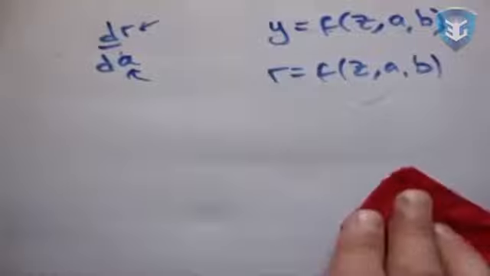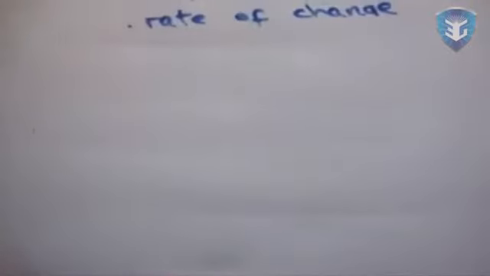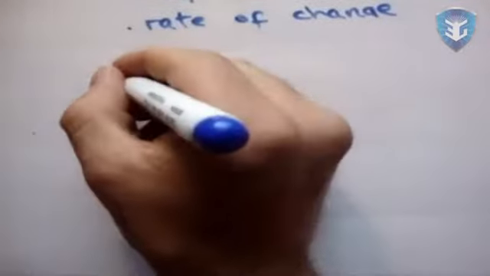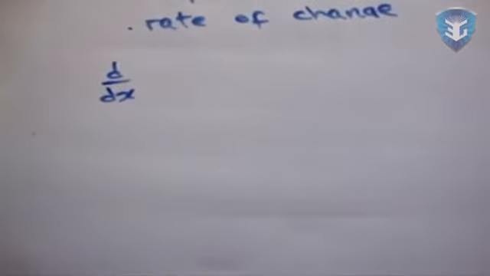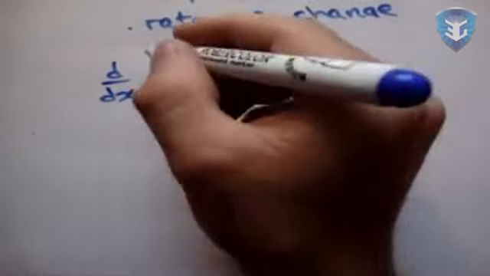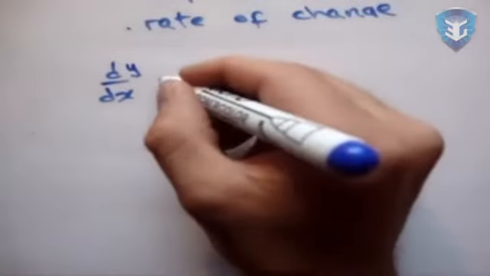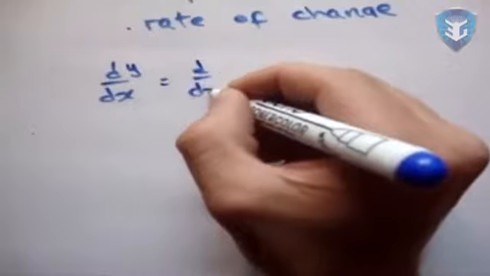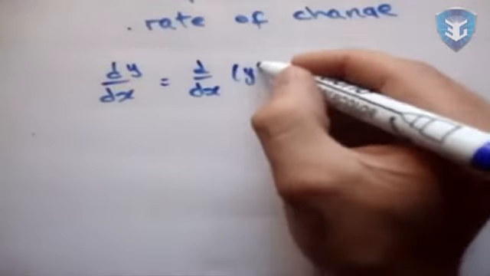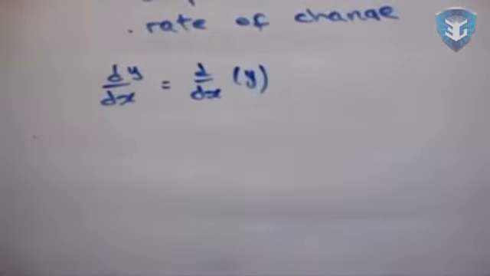Now there are different ways of writing a differential, and I'll just show you them here. You might see loads of these different ways. If I want to get d dx of something, that's the rate of change of something with respect to x. So you could write dy dx, okay, that's also equal to d dx of y, like that.